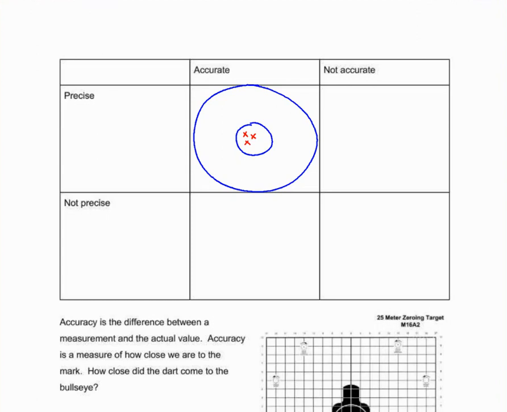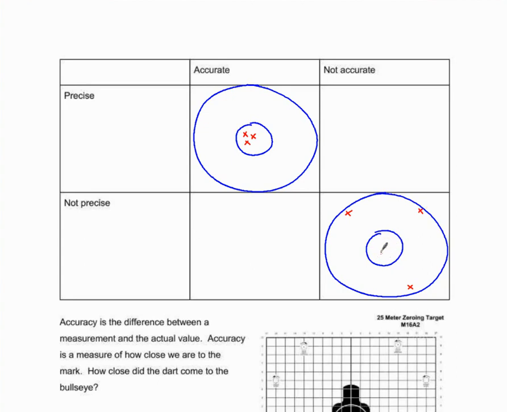Let's look at the bottom right. Something that is not accurate and not precise. So let's say we're aiming for the bullseye. And so I end up hitting one here, and one here, and one here.